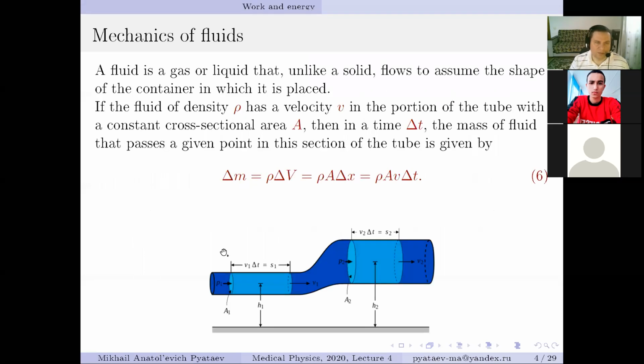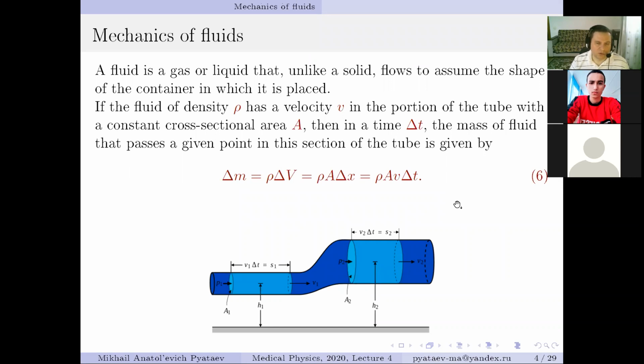So let us go to the next slide. Here is the beginning of mechanics of fluid. We have discussed mechanics of point particle and solid body in 3 previous lectures.